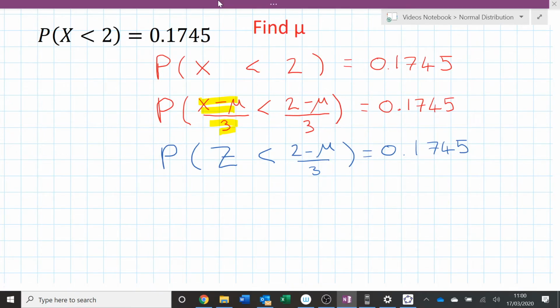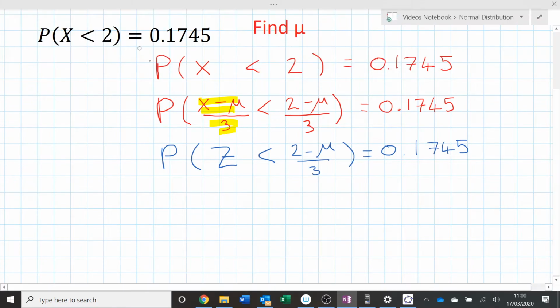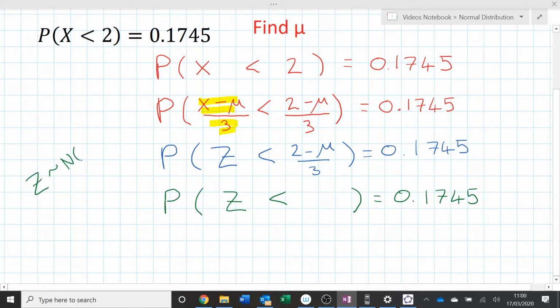If you now look at what we've got, the probability of a normal distribution that I know being less than something is 0.1745. Up here I didn't know what x was, but here I do know what z is. Z is normally distributed 0, 1 squared.